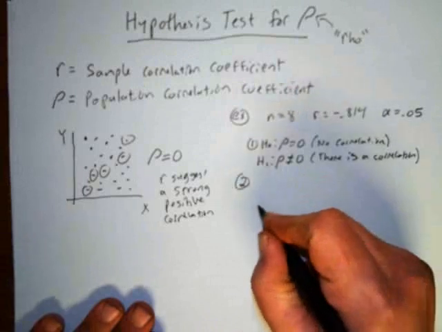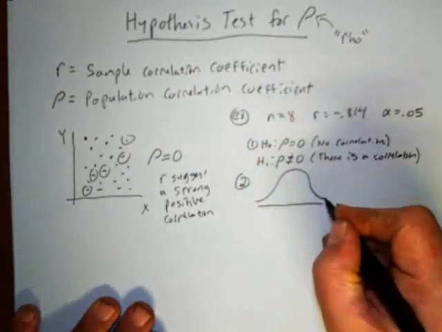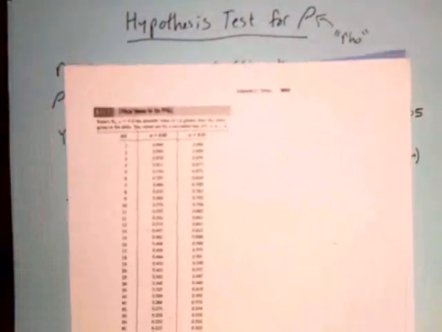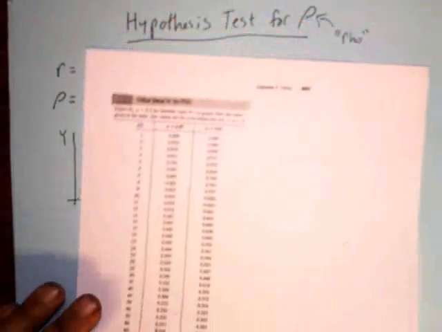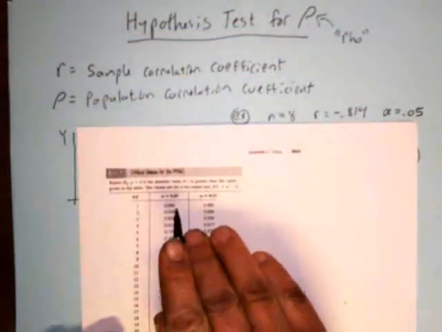Now, when you determine the rejection region, I just draw a curve here. This particular table, you'll find on Canvas underneath these videos on the home page. And you can see that this is a very simple table.